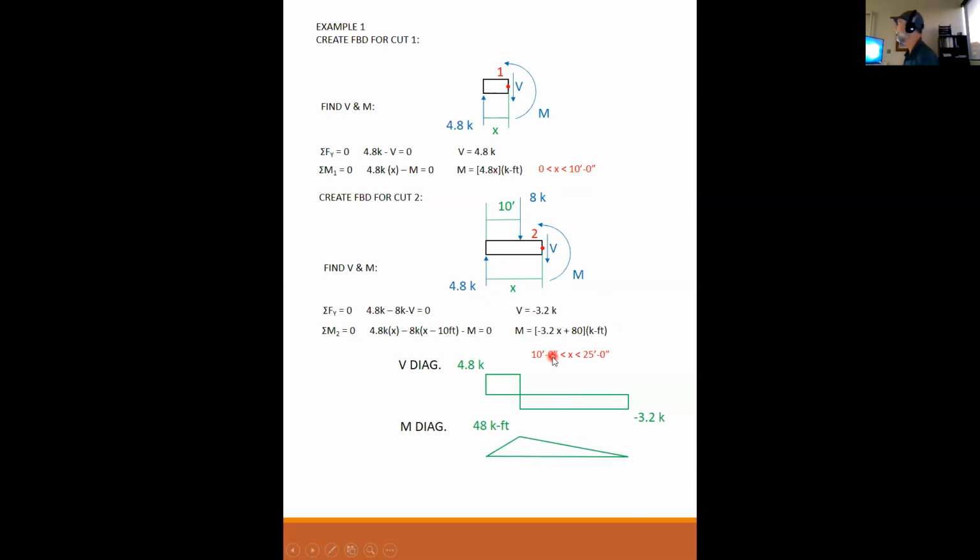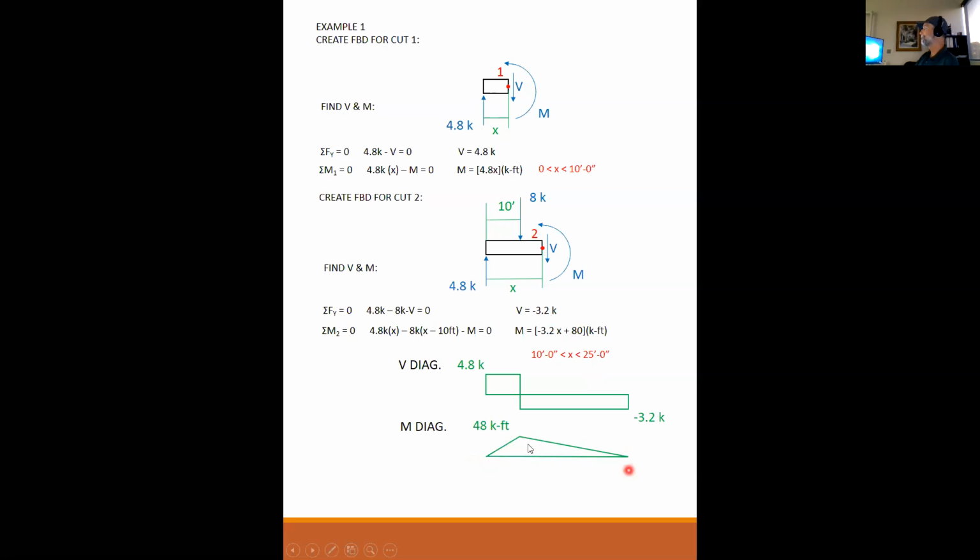And then finally, if I plug 25 feet in for x, then I have 3.2 times 25, which is going to be minus 80 plus 80, equal to 0 again. That's your other check.